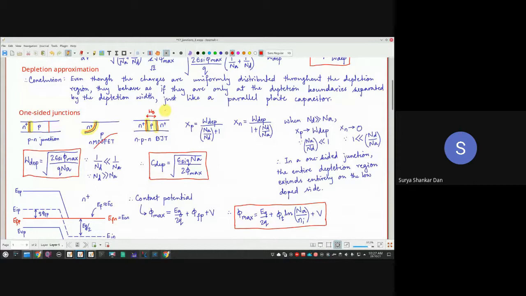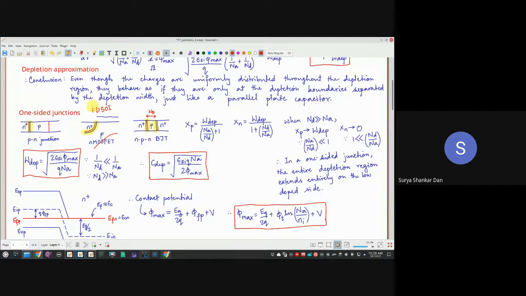So from an electrostatics perspective, if you want to make a one-sided junction, then in a BJT and MOSFET we want to ensure that the substrate is as depleted as possible. When we do MOSFETs later, there is a very interesting concept called FDSOI, fully depleted silicon on insulator, SOI, where the entire silicon on insulator is depleted.